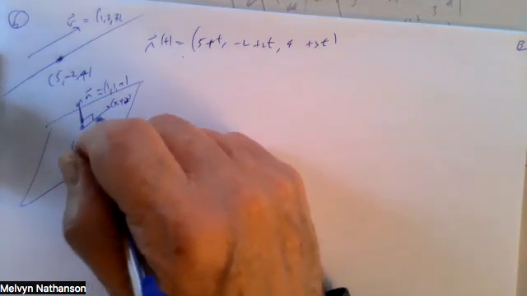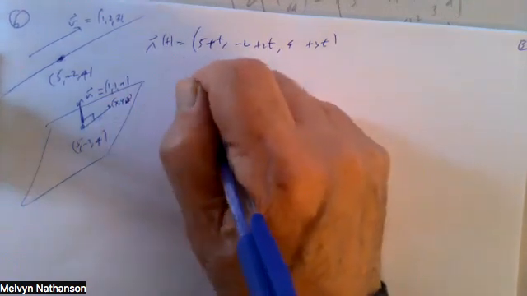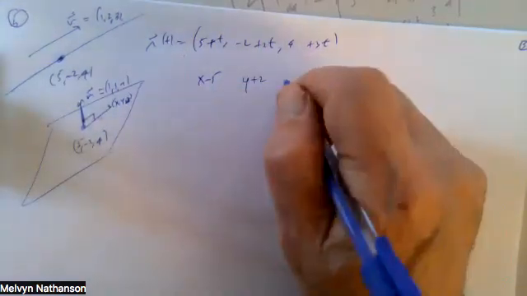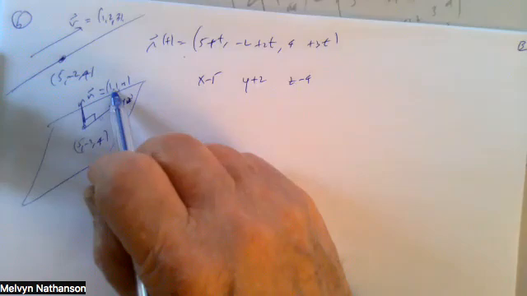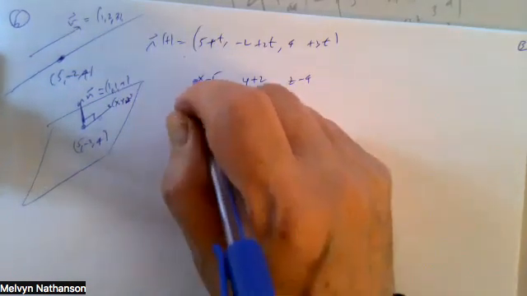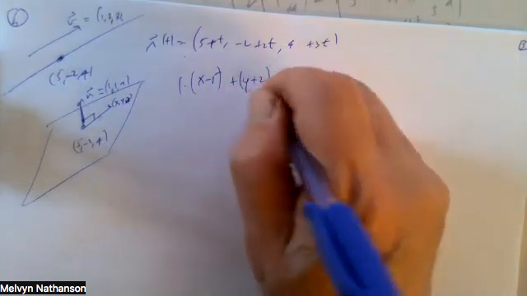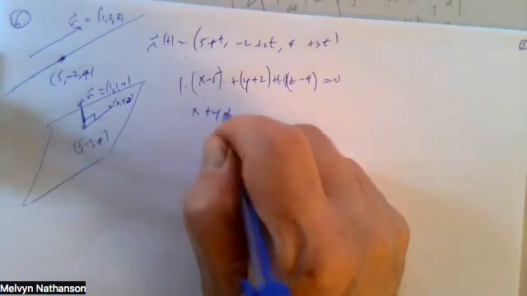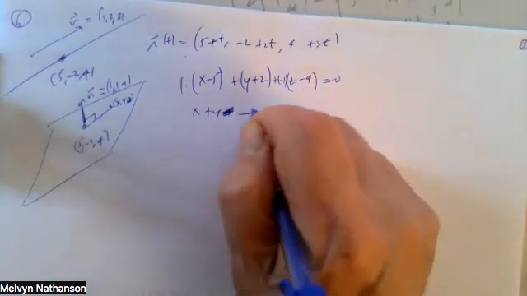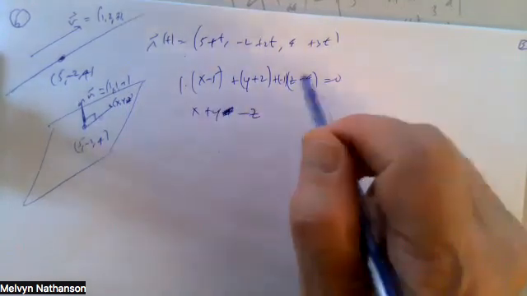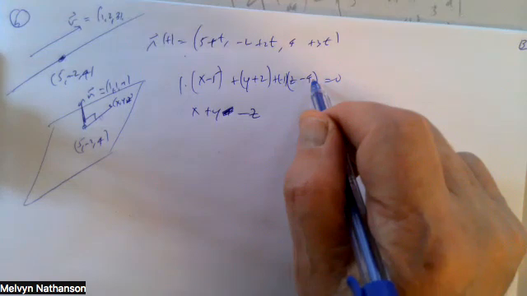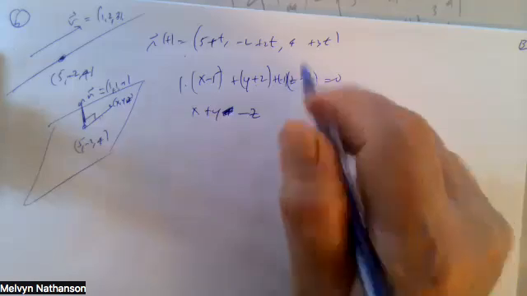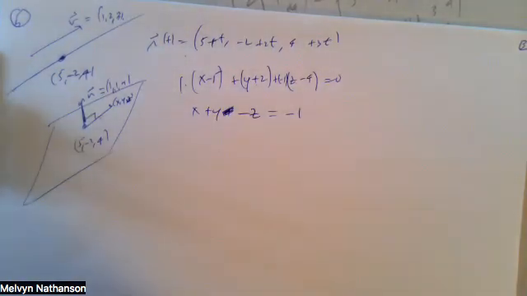So this vector has coordinates x minus 5, y minus 2 is y plus 2, and z minus 4. And that has to be perpendicular to the vector 1, 1, minus 1. So 1 times this plus 1 times this plus minus 1 times this equals 0. That's x plus y minus z. Here I have minus 5 plus 2 plus 4. Minus 5 plus 6 is 1. It's minus 1.